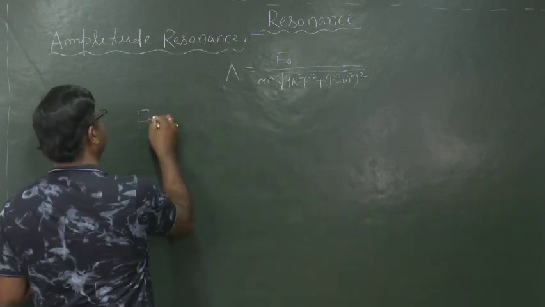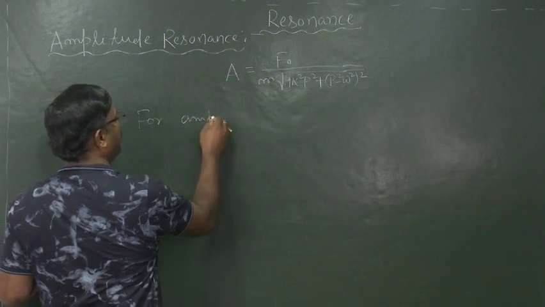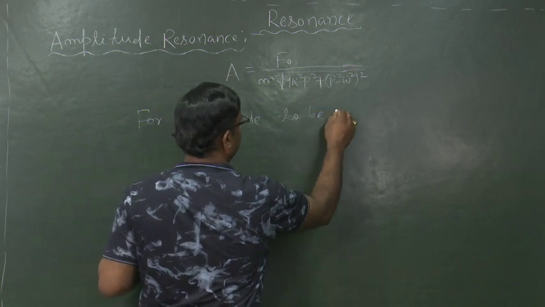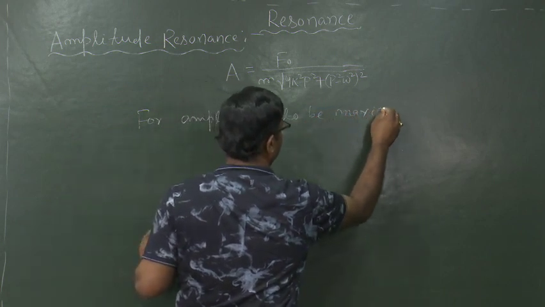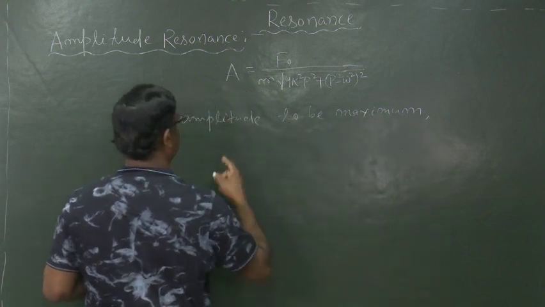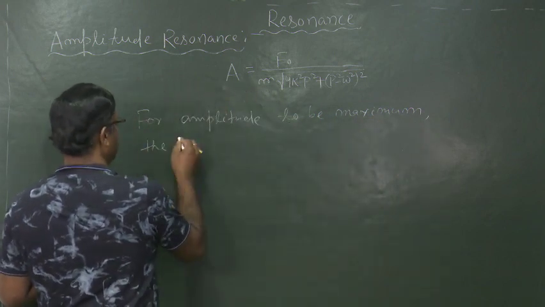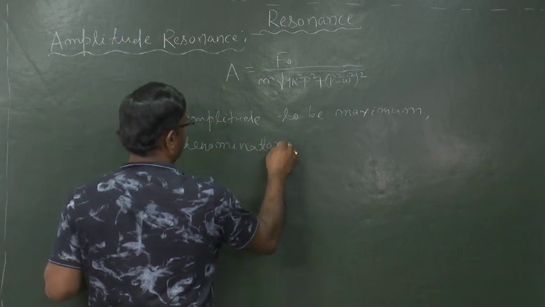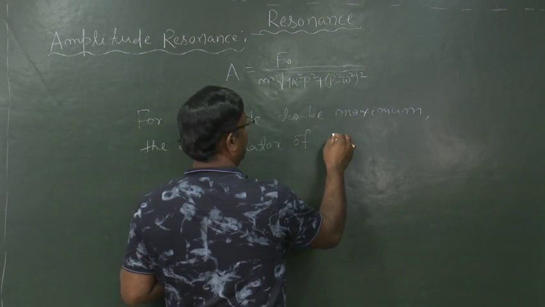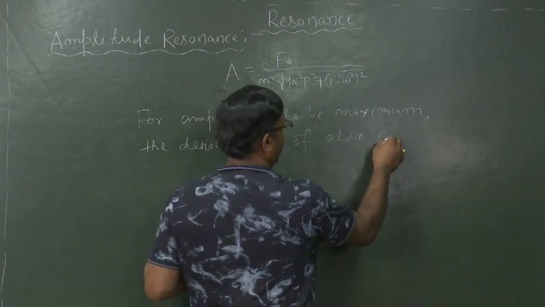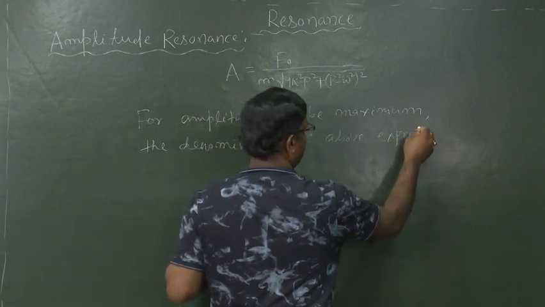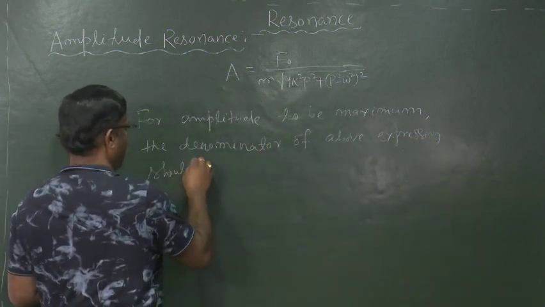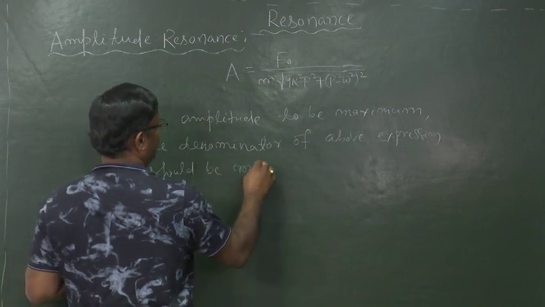For amplitude to be maximum, the denominator of the above expression should be minimum.